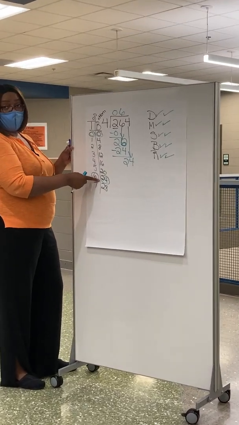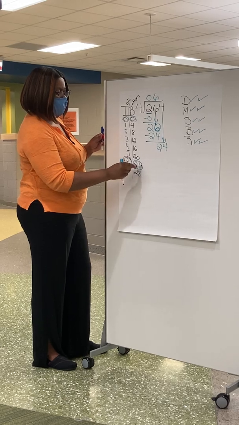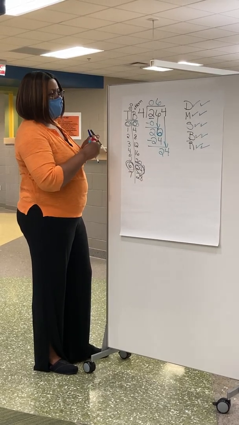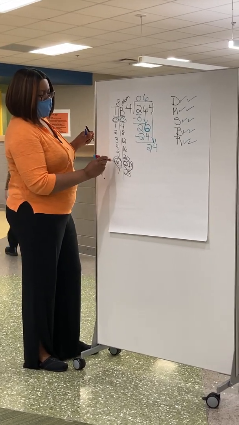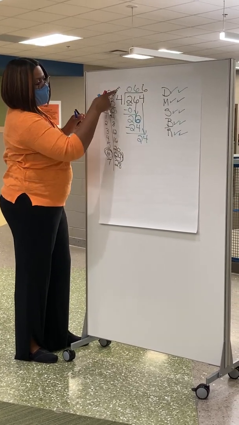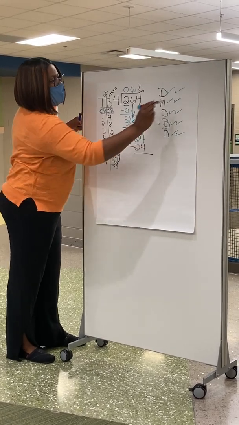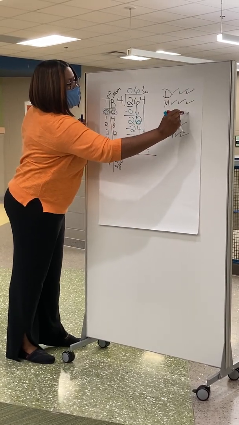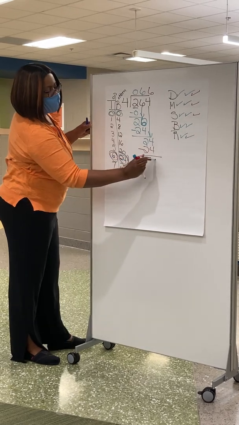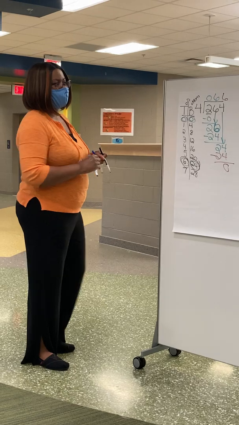I know I've already circled 24, but I can circle it again and use it again. 6 at the top, 24 at the bottom. Subtract. 24 minus 24 is 0.